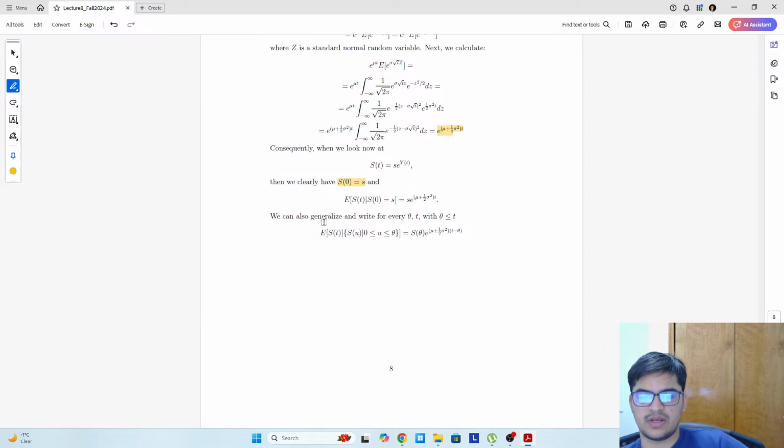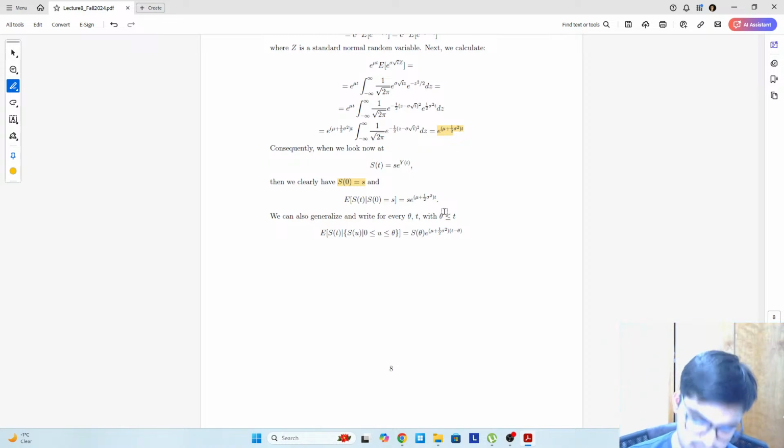We can also generalize and write, for theta less than or equal to t, the expectation of S_t given S_u with u less than or equal to theta, and obviously greater than 0, equals S_theta e raised to (mu plus half sigma squared) times (t minus theta). So this is also an important formula that you should write down.